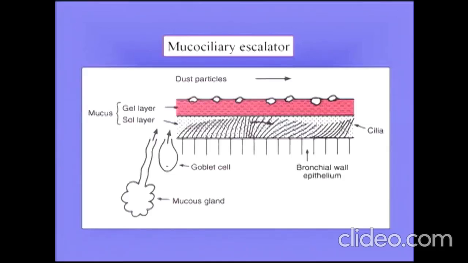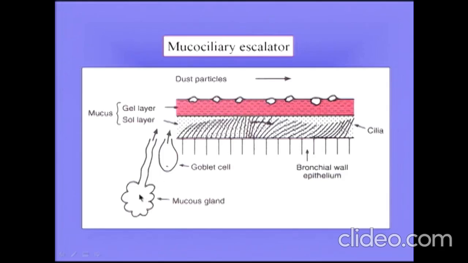And just to remind you of the function of mucus, of course, the mucus is deposited onto the airway wall and swept along by the mucociliary escalator, and that's the way in which dust particles are removed from the lung. So the mucociliary escalator is a critical factor in maintaining the cleanliness of the large airways.